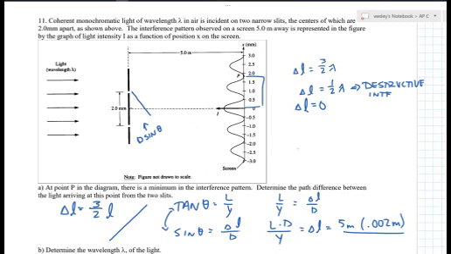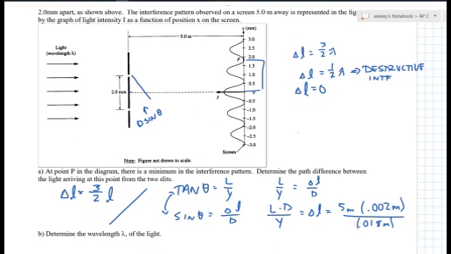I want to say 1.8 millimeters, 0.018 meters then.